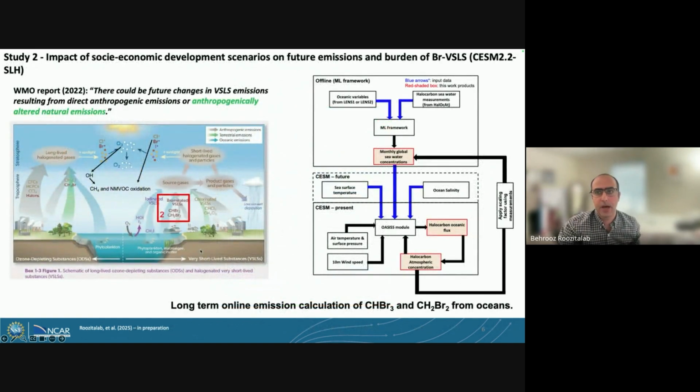But then in another study, as I said, we wanted to look at the natural sources, and the reason for that was that in the WMO ozone assessment report, there is a question that although we know that they are emitted primarily by oceans and natural sources, what's the impact of anthropogenic emissions and human activities on the emissions of these natural sources.